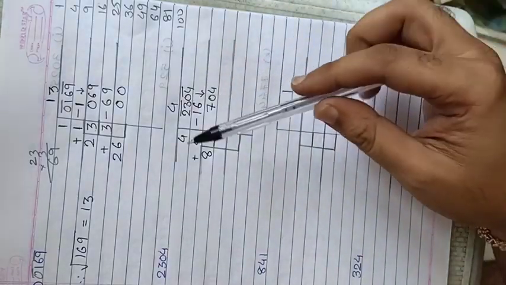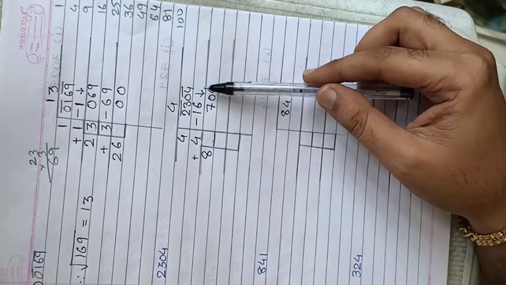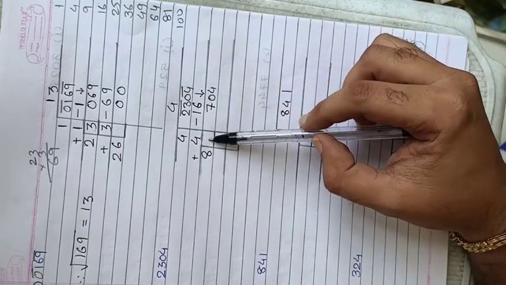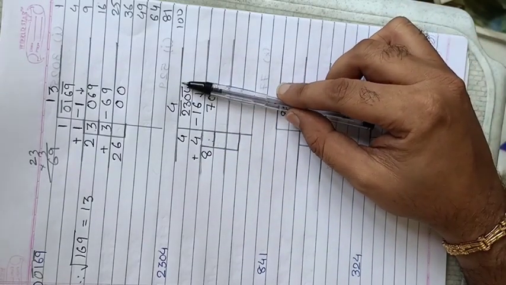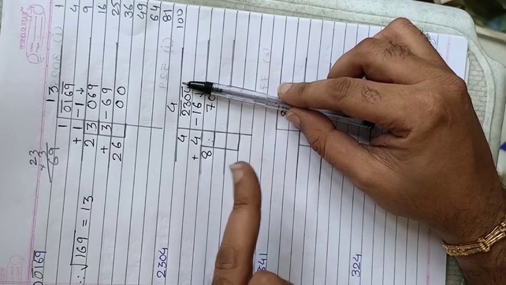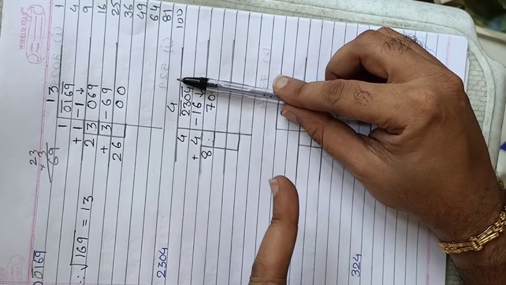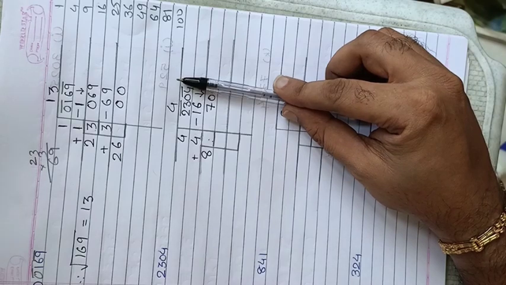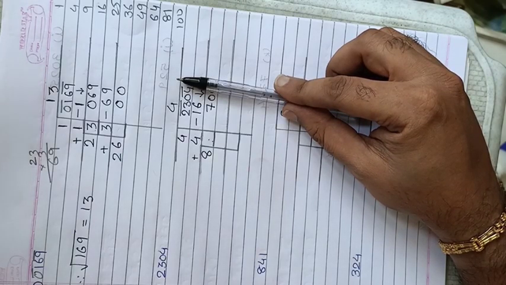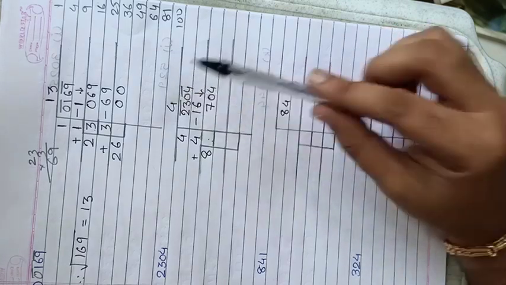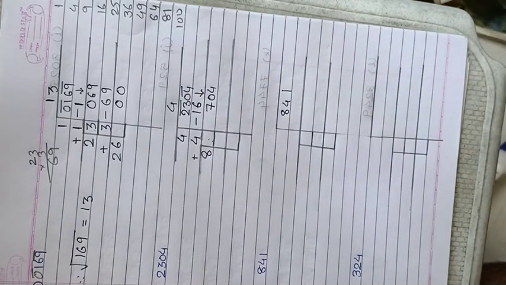Now one number is hidden, and you have to hide one number here as well. The 8 table, till what number? 704. 8 eights are 64, 8 nines are 72. 72 will be greater, so 8 eights are 64. So mostly it will go with 8.